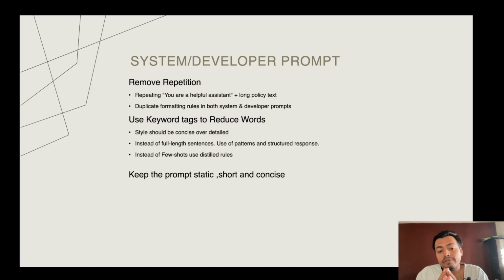Then there are few-shot prompts, a very popular thing. Few-shot, one-shot, zero-shot are heavily used, and people try to give examples like "this is this, that is that." It's better if you can use distilled rules over a few short examples.